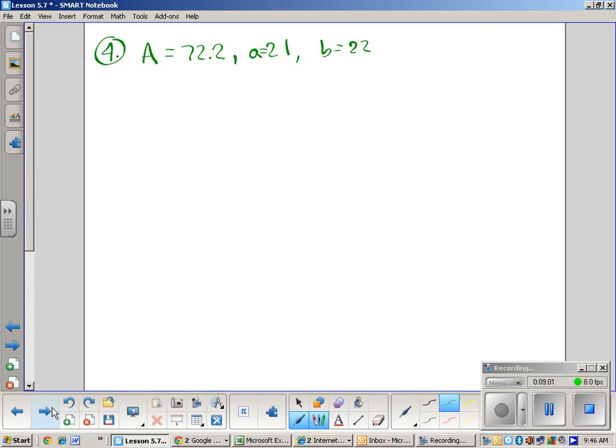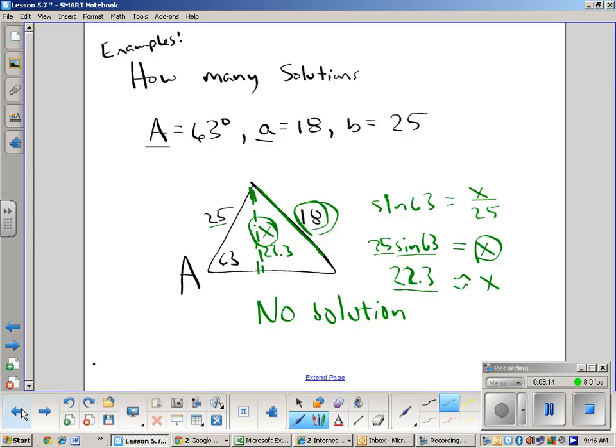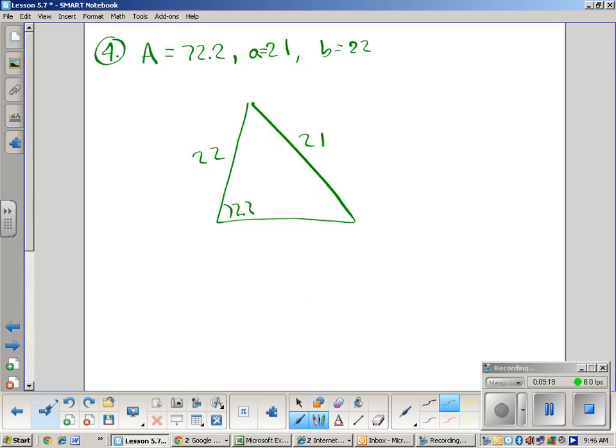Again, if I draw this, this is 21, this is 22, this is 72.2. And so it's the same as the last one we did. It's less than 90, and the opposite side is shorter than this side.